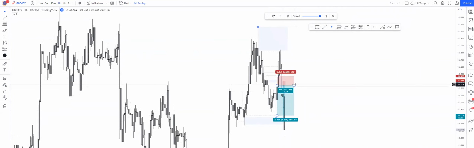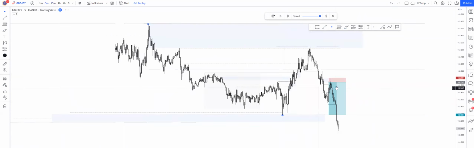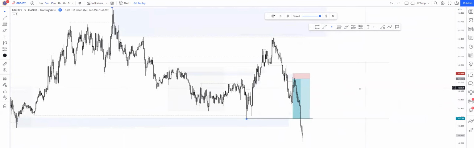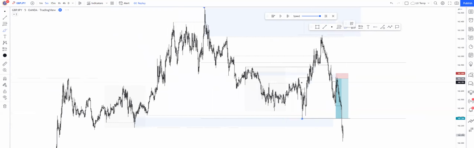I think it was around a 3R. And then this one, 7R, just an estimate, plus the fees and spreads from your broker. But yeah, these are the only two trades that I actually took that I put the risk reward on. However, we went over how these could have been taken, right? And then, yeah, that's pretty much it.